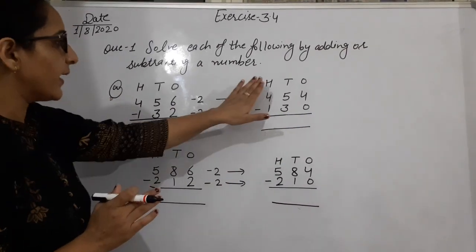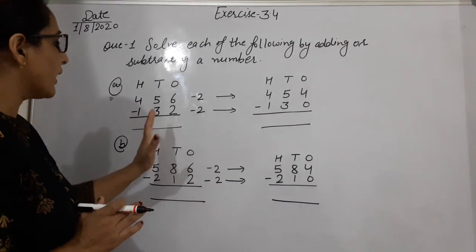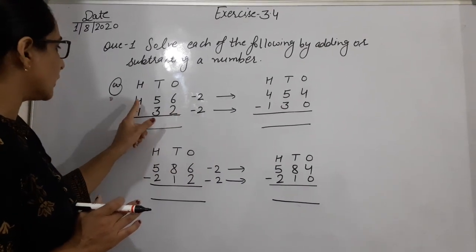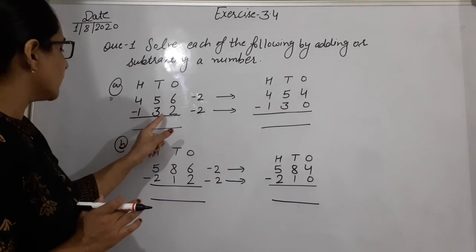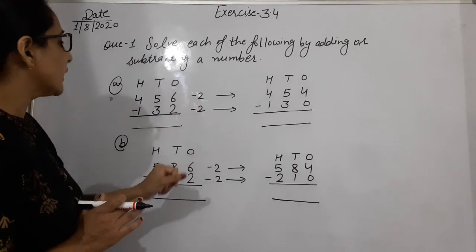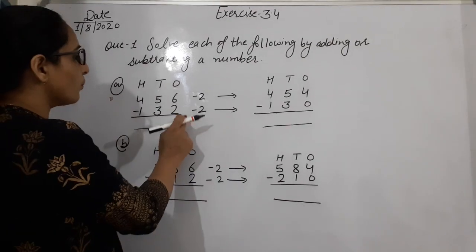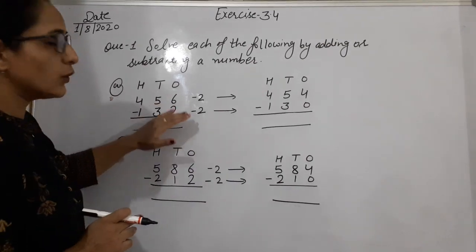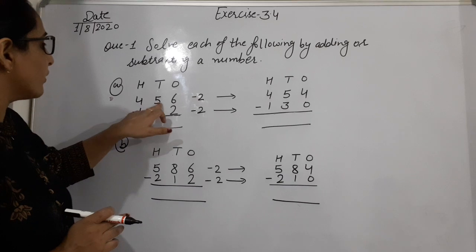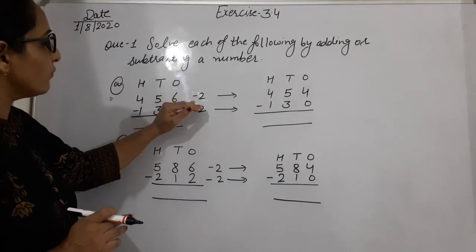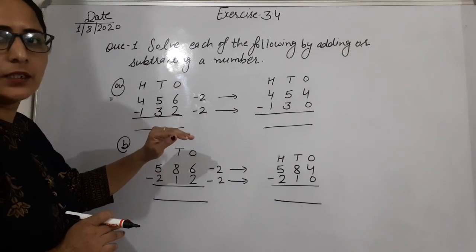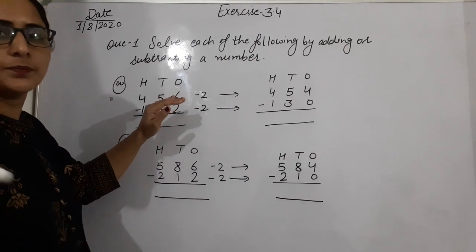So first we write in column way, okay, and after that we do this one. 456 minus 2 and 132 minus 2. Clear? Why are we subtracting from both? Because if we do not subtract from 456, we get a different answer.